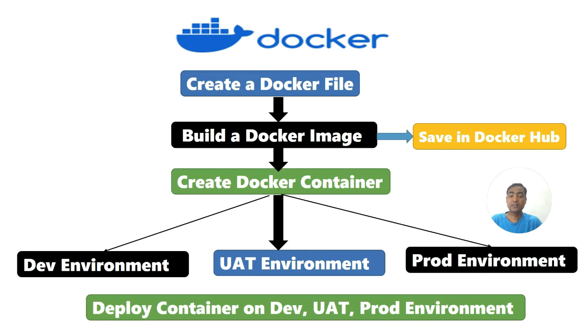After that, you can create a Docker container using Docker images. After successfully creating a container, you can deploy it in multiple environments like dev, UT, pre-prod, staging, production and more. Let's discuss all so that you can easily understand it and implement it based on your requirement.